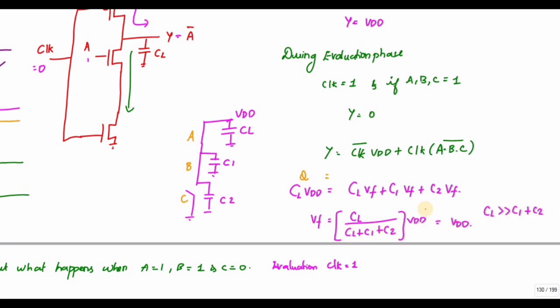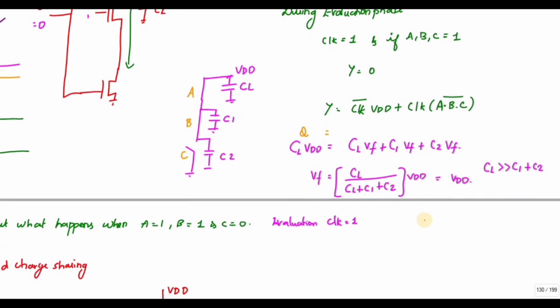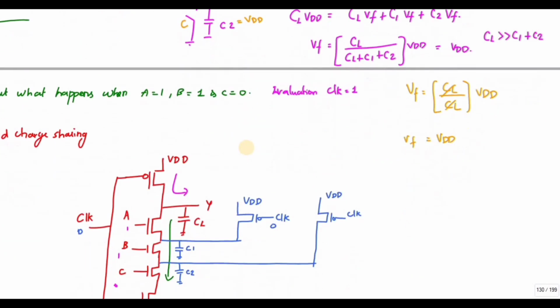If it is greater than C1 and C2, then VF equals CL divided by CL times VDD, this cancels out, and I get VDD. So there won't be any charge sharing problem. This way I have reduced the charge sharing problem.